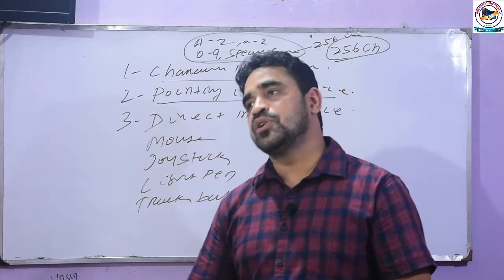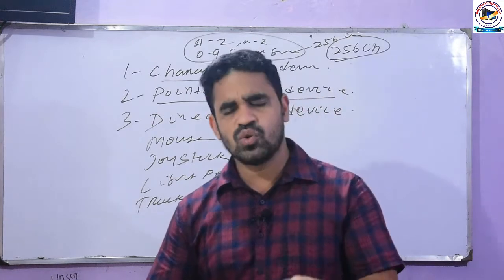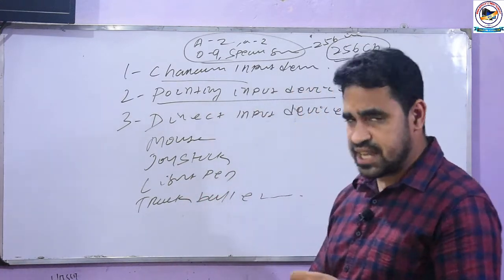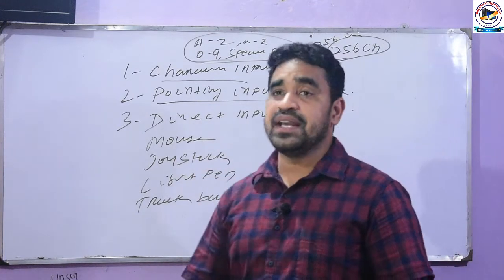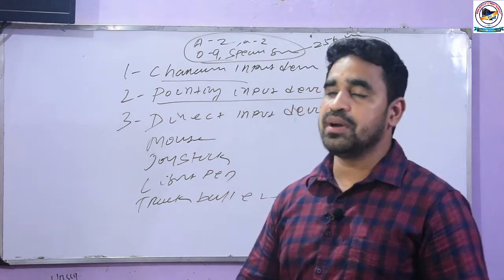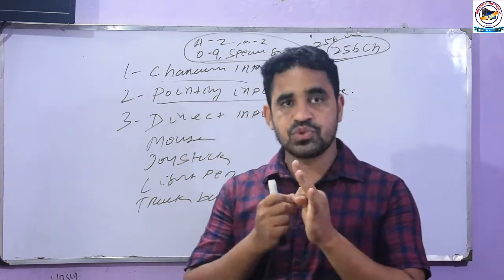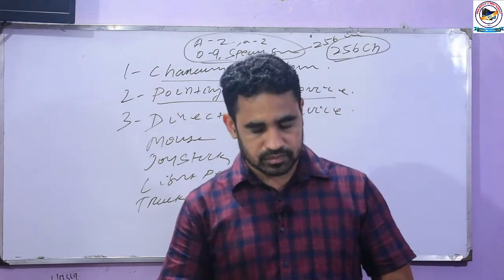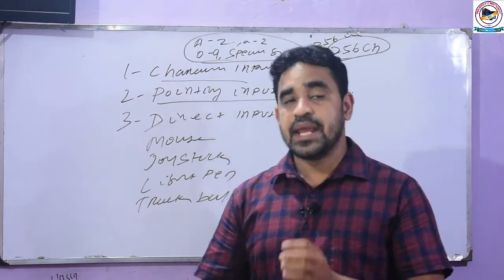There are other direct input devices similar to the scanner: OMR, MICR. There are different types of input devices used in our computer: keyboard, mouse, joystick, light pen, trackball, scanner, OMR, BCR, MICR.